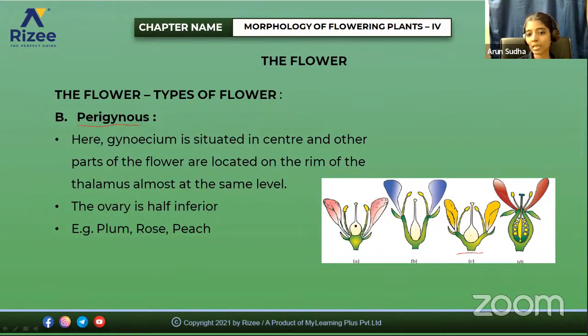So that is called the perigynous condition, and the ovary here is half inferior. Here it was superior, but here the ovary is called a half inferior ovary. Examples are plum, rose and peach. These are the examples for perigynous, so be specific with the examples. So first we saw hypogynous, then perigynous.